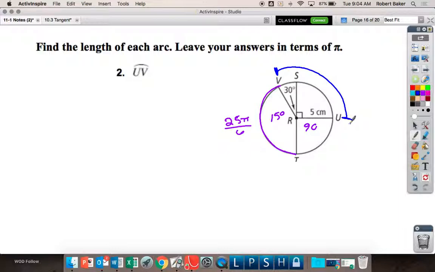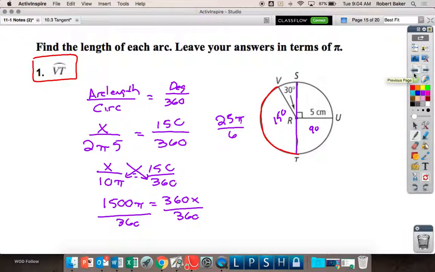No, that's what I'm trying to solve for. So the length of the arc over the length of the whole circle. Wait, we already did that. What is the circumference of the circle? 10 pi, because we did that in the last problem, right?